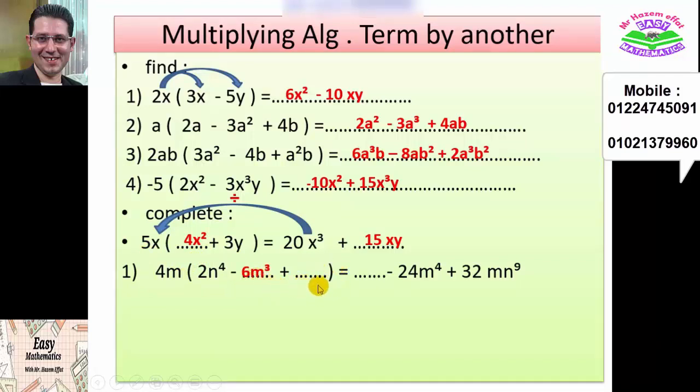The same, to find this term, we divide 32mn power 9 by 4m. It will be 8n power 9. Finally, to find this missing term, we just multiply 4m by 2n power 4. It will be equal 8mn power 4.